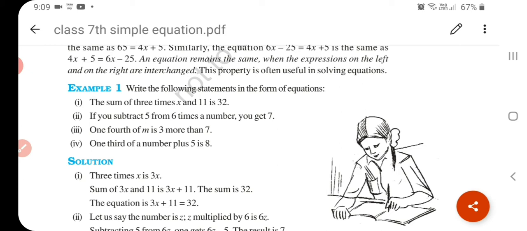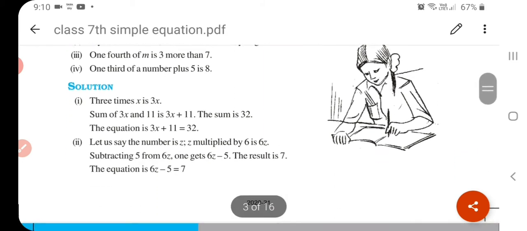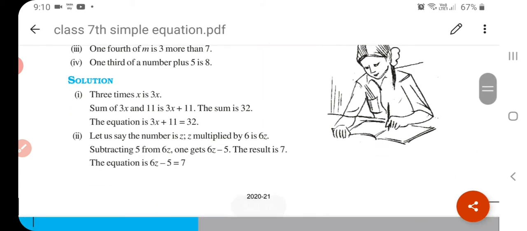Sum means plus. So the 3 times x means 3x, and the sum of 3x and 11 is 3x plus 11. The sum is 32, which means 3x plus 11 is equal to 32 is your equation. Understand?